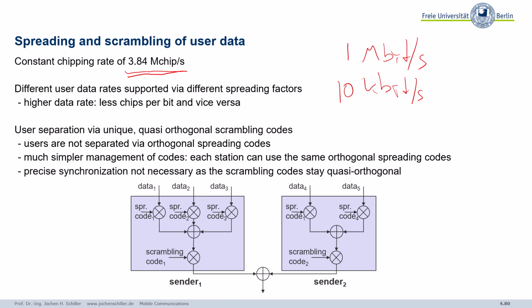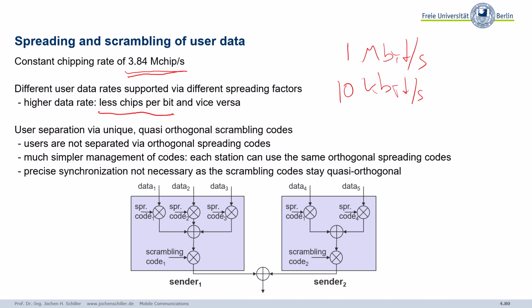Using the same spreading factor, let's say a factor of 10, for different data rates results in different chipping rates, with a factor of 10, for example. Now, UMTS has a fixed constant chipping rate, 3.84 megachips per second. That means to support different data rates, you use a smaller number of chips per bit for higher data rates and more chips per bit for lower data rates. So this is the way how you can adapt your different data rates to a constant chipping rate.